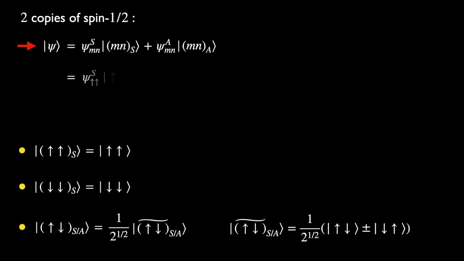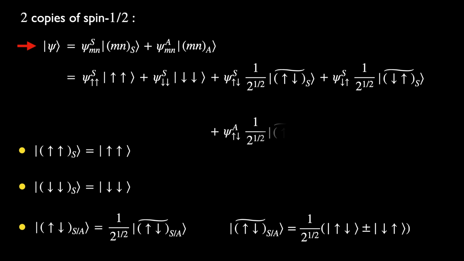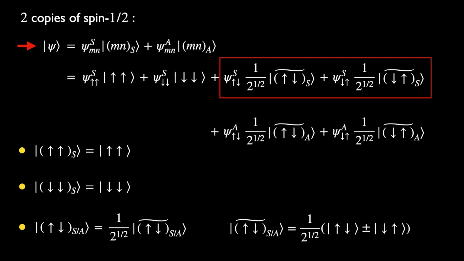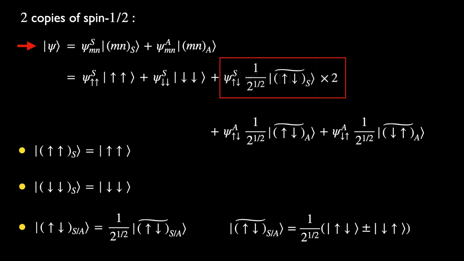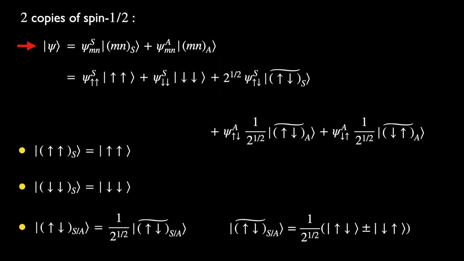Let's expand the state psi in terms of the new basis. Since both the coefficients and the basis have the same symmetry, these two terms in the symmetric part are actually equal. Similarly for the anti-symmetric part.